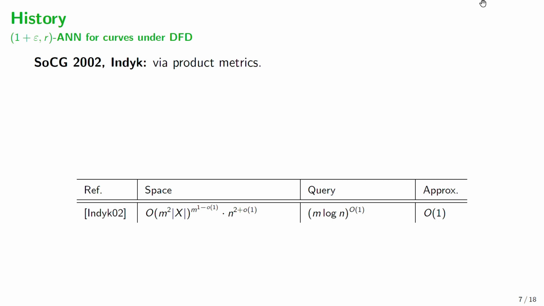The first to study this problem under the discrete Fréchet distance was Indyk in 2002. He used the idea of product metrics, and he got a constant approximation with query time polynomial in m log n. The space bound is exponential in m and depends on the size of the domain on which the curves are defined.